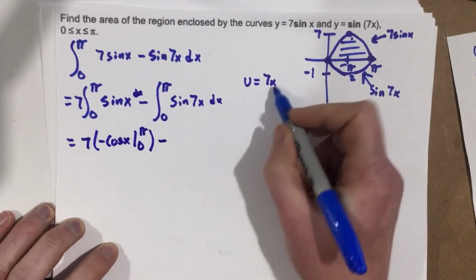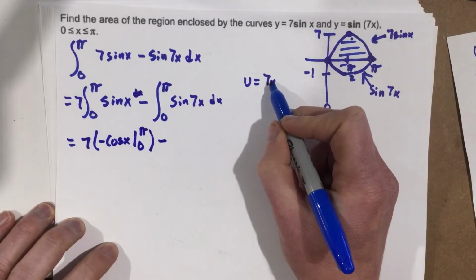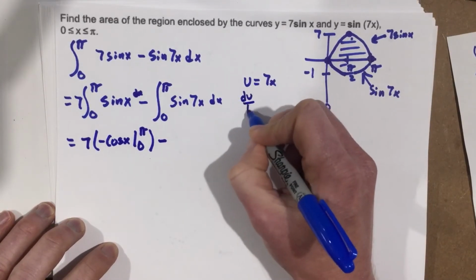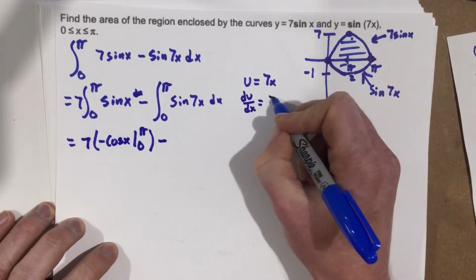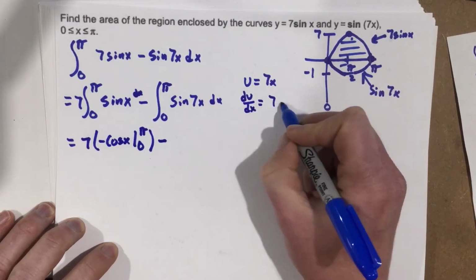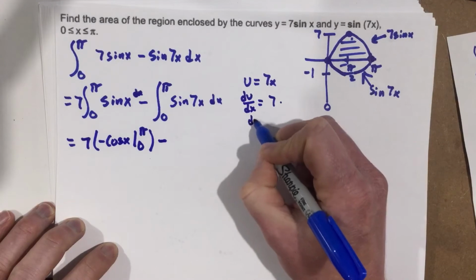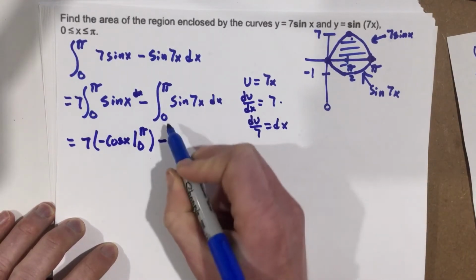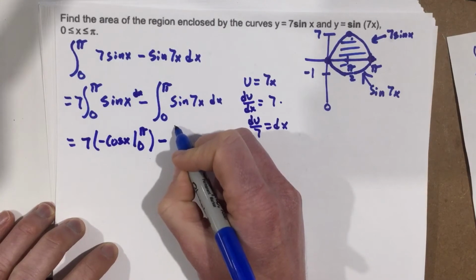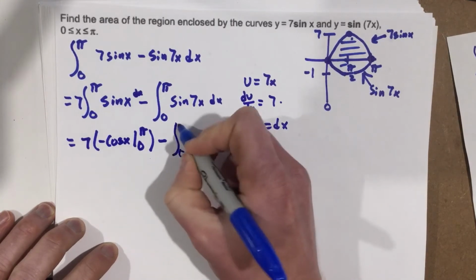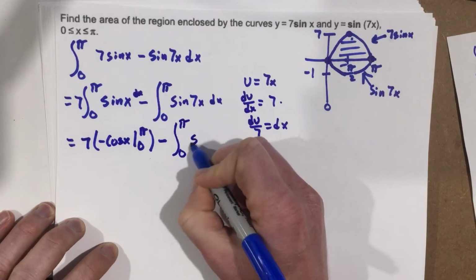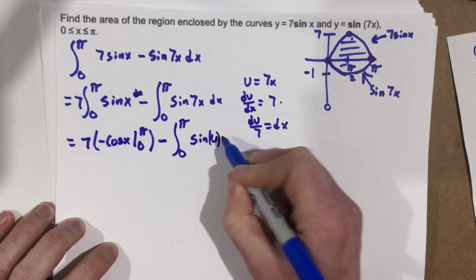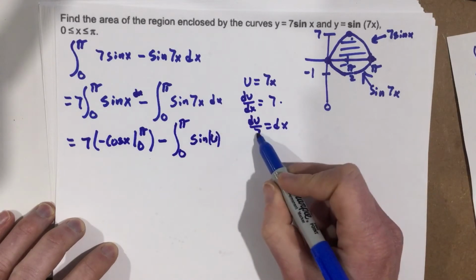Minus, I'm going to do a u substitution over here. u equals 7x, so du over dx equals 7. So if we multiply by dx and divide by 7, we get du over 7 equals dx. So now we can write this as the integral from 0 to pi of sine u, and we replace dx with du over 7.